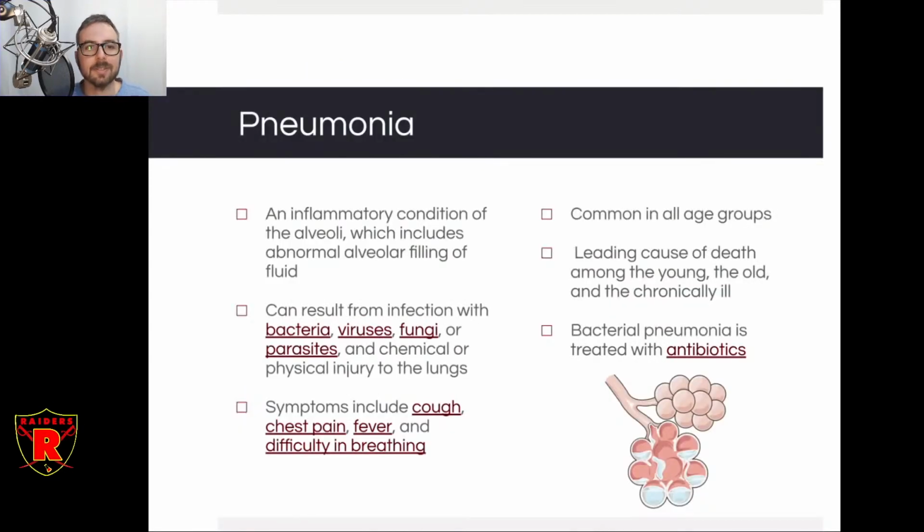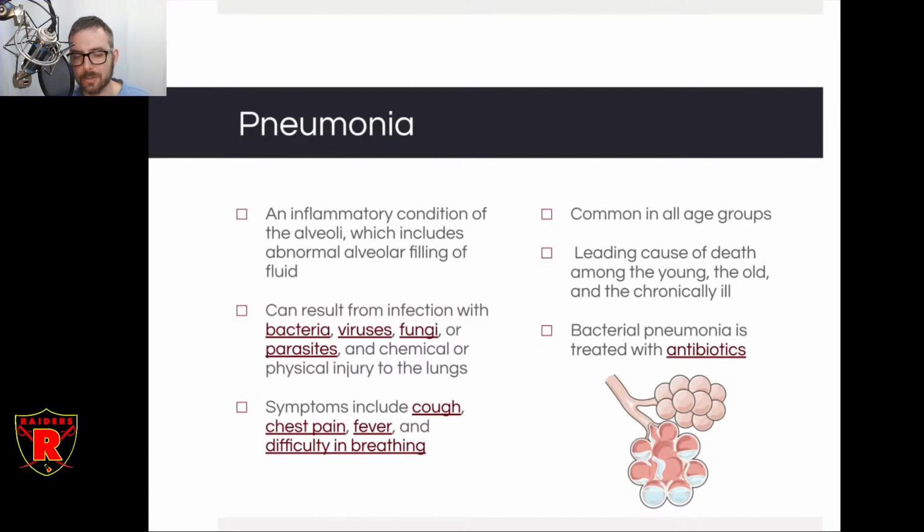Pneumonia, often misspelt. Pneumonia is when your alveoli become inflamed. So it's similar to bronchitis, except it's alveolar. Now we're talking about the end of the line. When they get irritated or inflamed, they get filled with fluid. Liquid starts to come in. And lots of things can cause pneumonia.